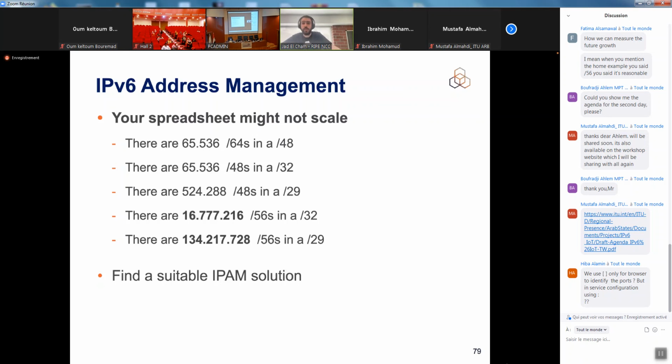So that's why you should really take your time, invest, and choose a suitable IPAM solution. IPAM means IP address management software. So basically it's a software where you can put your blocks, do the subnetting there. It has a lot of features on top of it, but it helps you navigate this space.